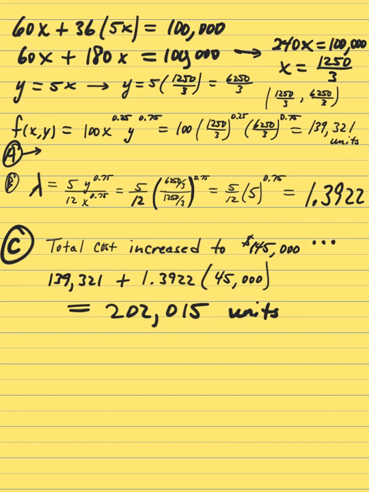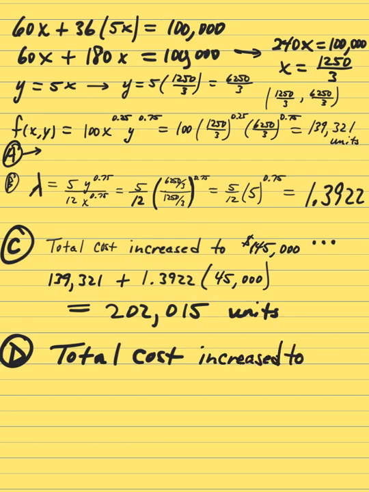What if that is moved up to 390,000? That's part D for me. Your homework, it'll be very similar. $390,000.